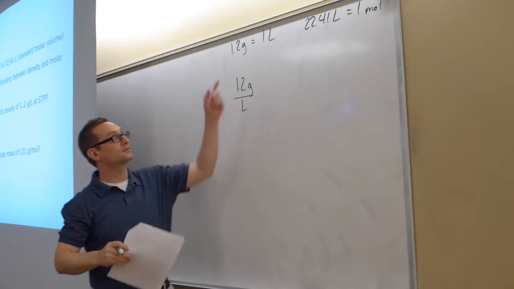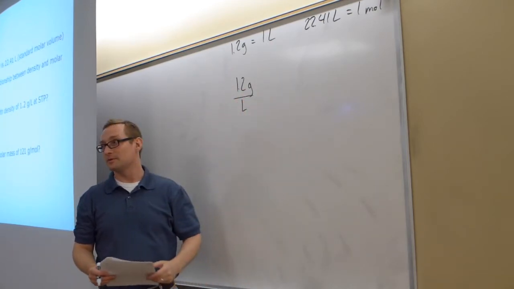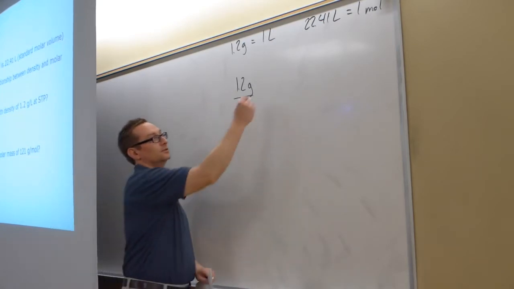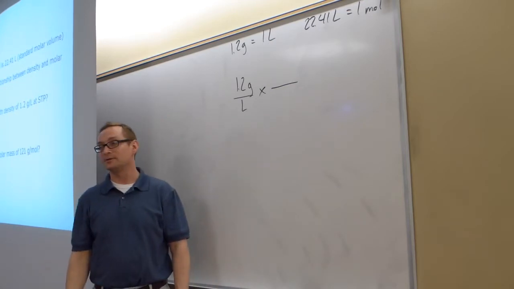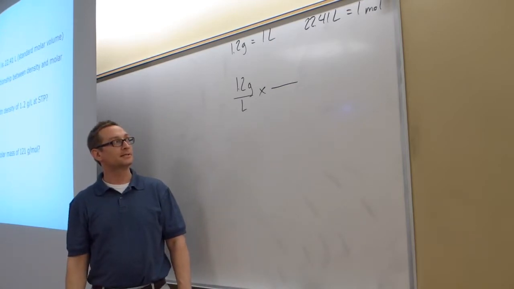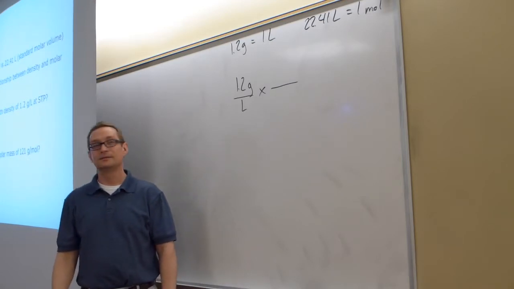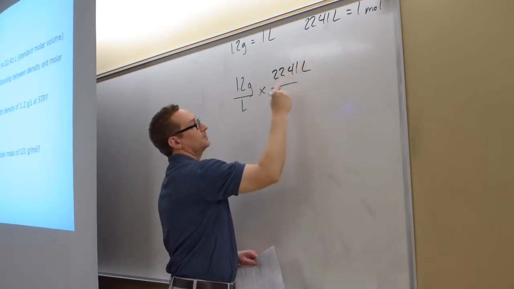Okay, so using these two conversions, get from 1.2 gram per liter to gram per mole. What do we multiply this number by to get it to grams per mole? Well, we want to keep the grams. We want to get rid of the liters, right? So how do we do that? Yeah, 22.41 on top.